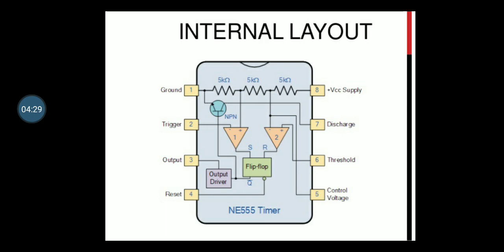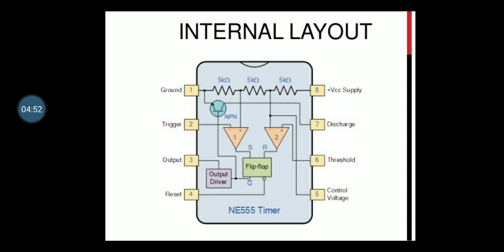The positive DC power supply terminal is connected to pin 8 VCC and the negative terminal is connected to pin 1, that is ground. The ground pin acts as a common ground for all voltage references while using the IC. The output pin 3 can assume a high level or a low level.